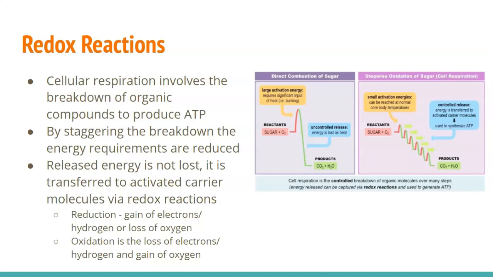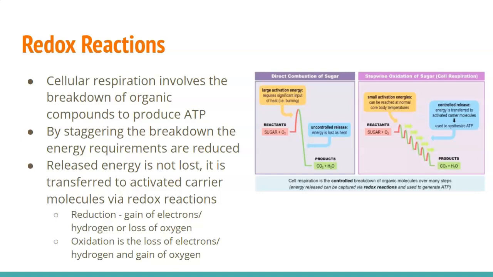So, redox reactions are these reactions that either gain electrons or lose electrons. They're pretty important in this reaction and we're going to talk about them a lot, but what I want to talk about in this slide in particular is the idea of direct combustion or stepwise oxidation.